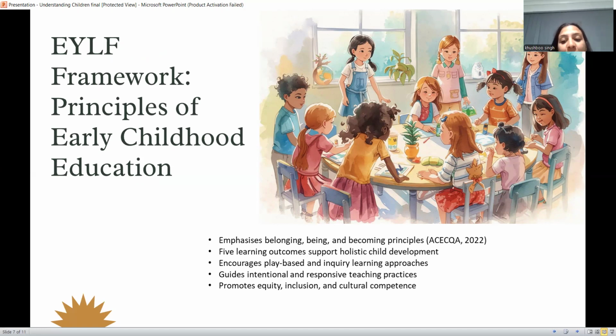The EYLF supports the holistic development of children through playful learning, purposeful teaching, and inclusive practices, while outlining five learning outcomes that determine the expected outcomes, encouraging responsive and fair learning opportunities and assisting in the planning of responsive programs. The EYLF fosters and supports the development of the unique identity of each child while establishing a profound framework for understanding children's development pathways.